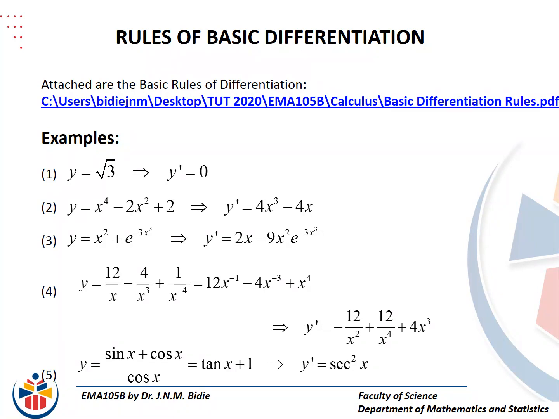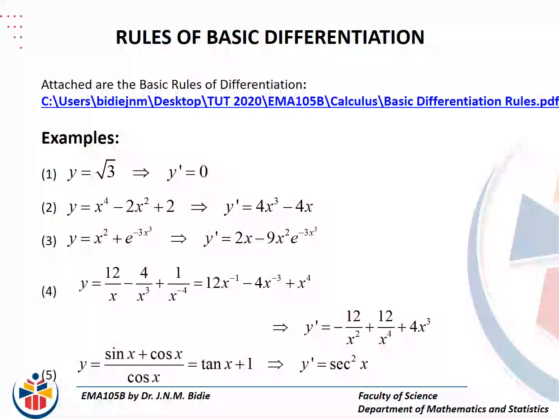So therefore, when we go to number 4, we have y equal to 12 over x minus 4 over x cubed plus 1 over x to the power minus 4. Note that our variables are in the denominator. So the first thing you do, bring them up to the numerator so that we can use the first 3 rules of our table.